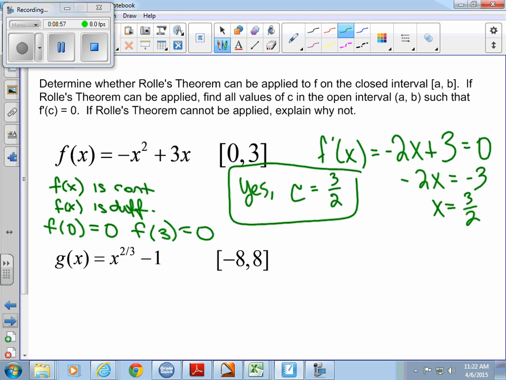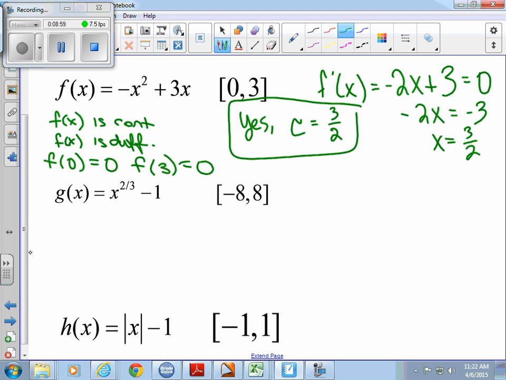Let's look at the next one. Is the next one continuous? Can you plug anything you want into x? Yes, so it is continuous. Is it differentiable? Maybe.